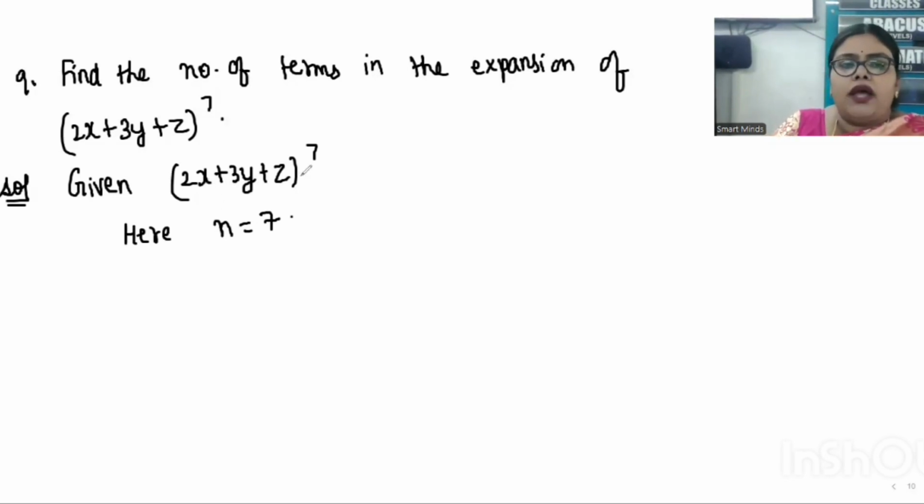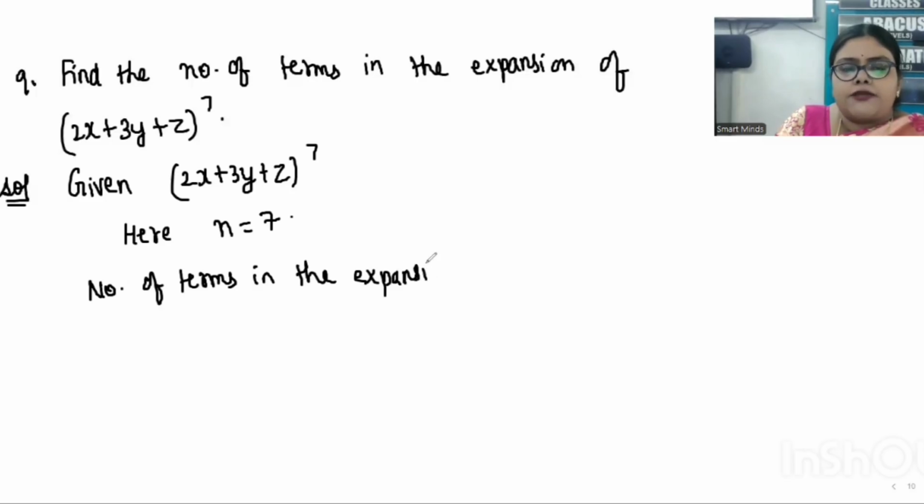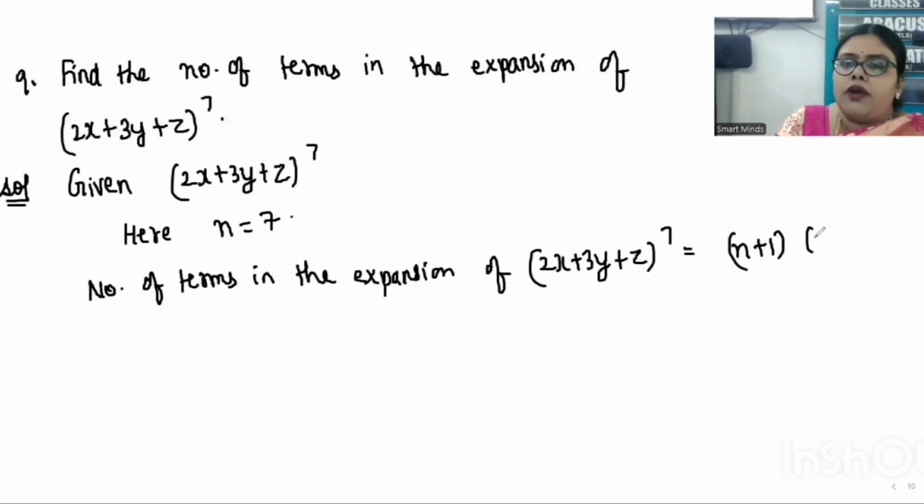Okay. So how many terms are there here? In the bracket you have 3 terms. So when you have 3 terms in the bracket, what is the formula for number of terms in the expansion? We have a formula: (n plus 1) into (n plus 2) by 2.